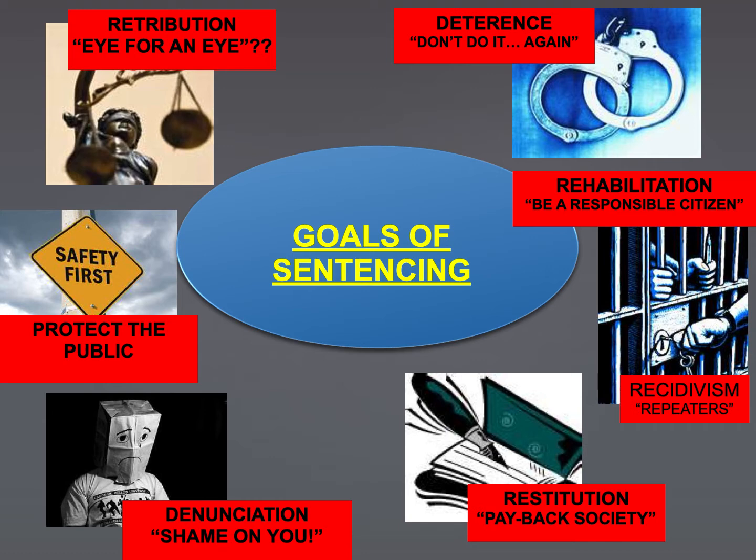And then the seventh and final goal of sentencing is to protect the public. And going back to the whole policing, especially the RCMP with the eight different mandates, one of the main goals they have is to ensure public safety. That's why there are all these different police levels.